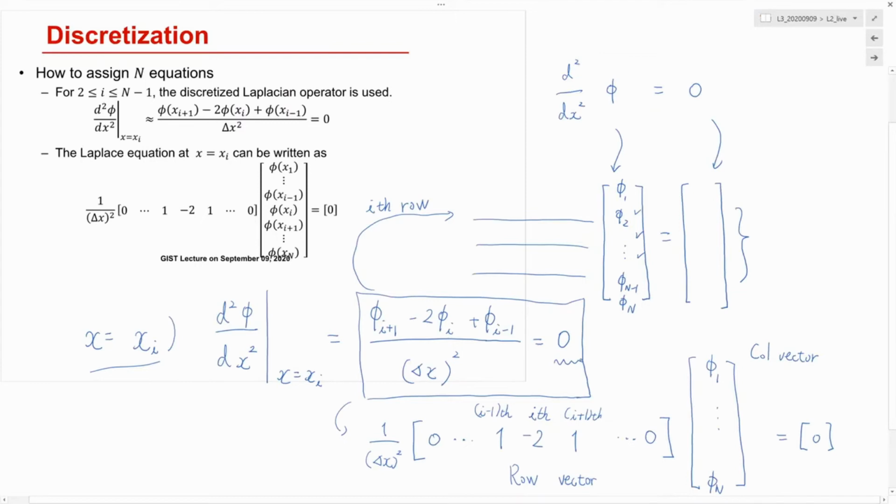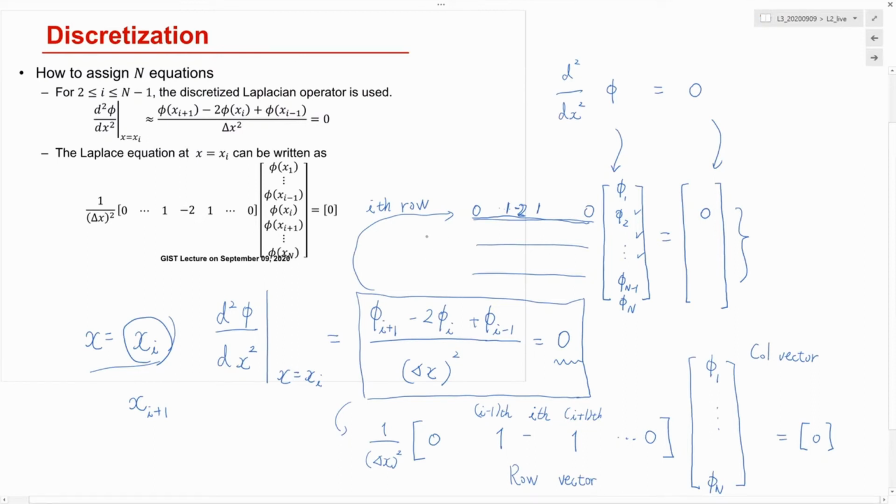So when you consider it, you can fill this row like this: 0, 0, then 1, -2, 1, and here 0. Also, when you change your evaluation position xi to i plus 1, you follow exactly the same thing, only with one shifted index.